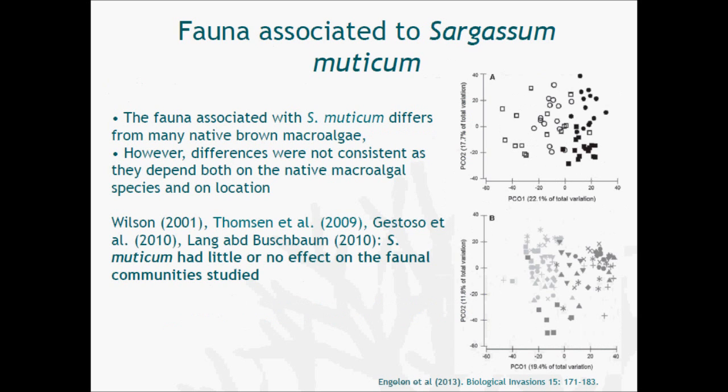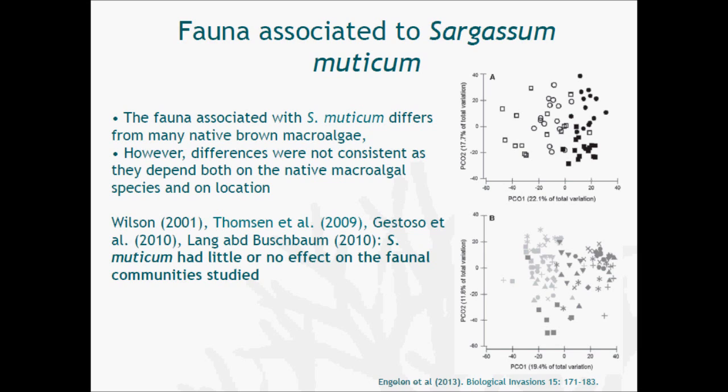Okay, the fauna associated with Sargassum muticum. This is in the place where there is only Cystoseira. The balls and the circles are Sargassum muticum, and the squares are Cystoseira, the herbivores associated with Cystoseira, and here the herbivores associated with Sargassum. So they look different. In the south, there are a lot more species.